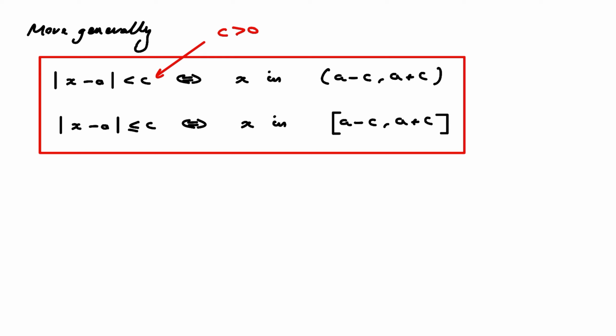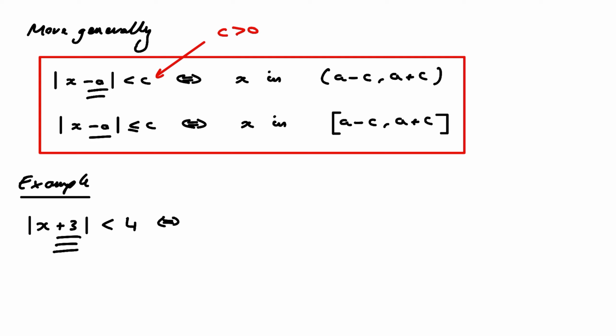So just as a quick example to illustrate something to be a little bit careful of with notation, if I had x plus 3 is strictly less than 4. Well, this is if and only if, so it's a little bit odd because it's a plus and it seems I need a negative here. But remember, a negative is a plus in disguise and vice versa.